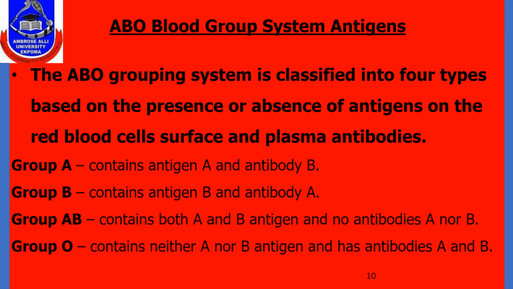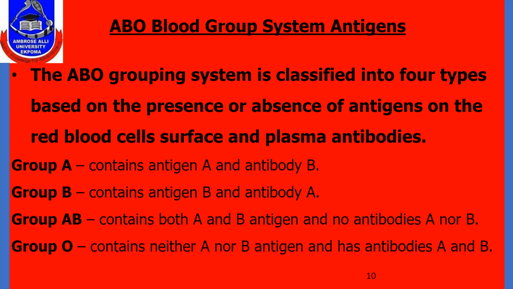Such that we have blood group A. Blood group A contains antigen A and antibody B. Blood group B contains antigen B and antibody A.